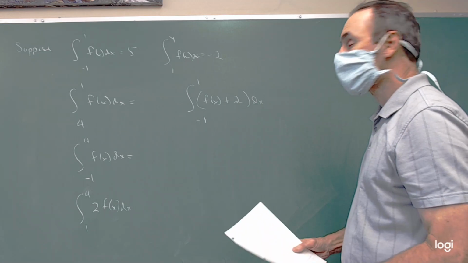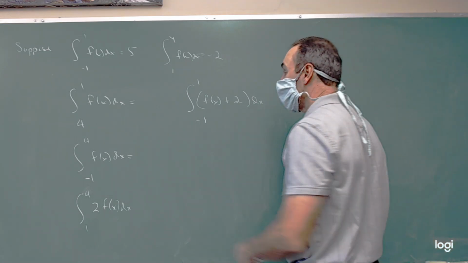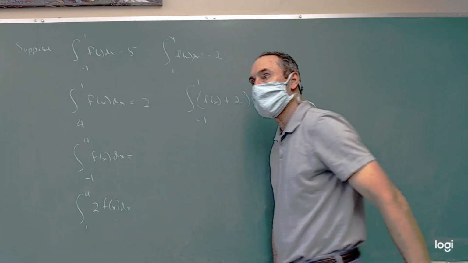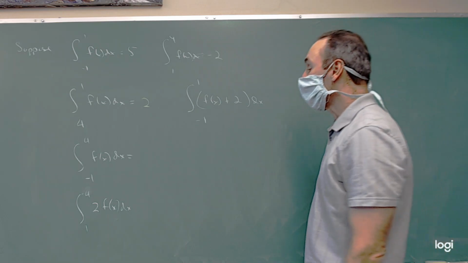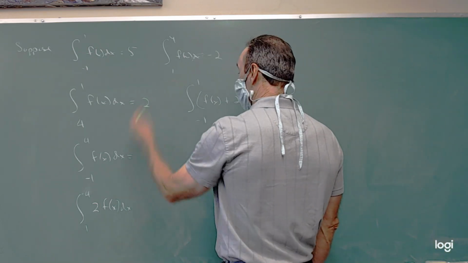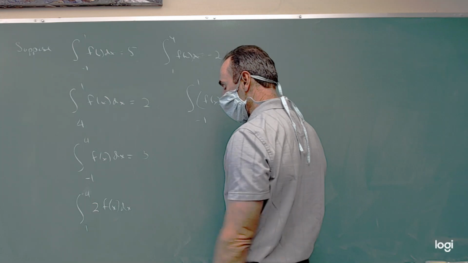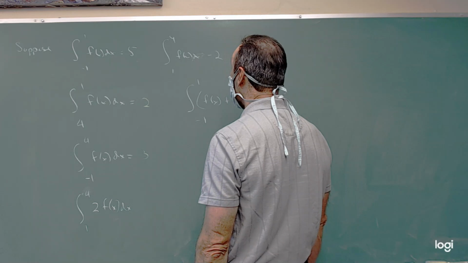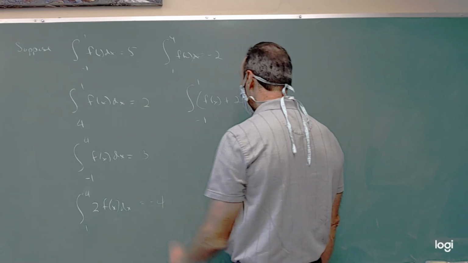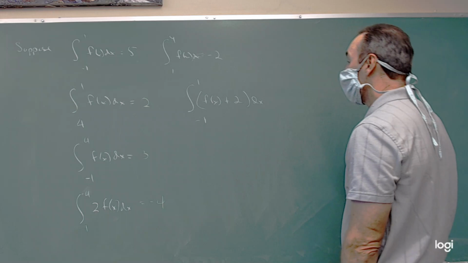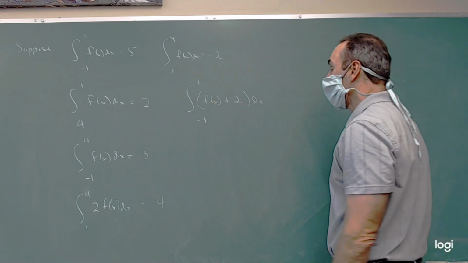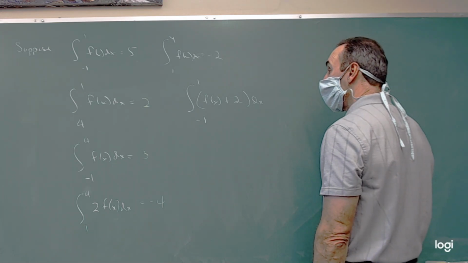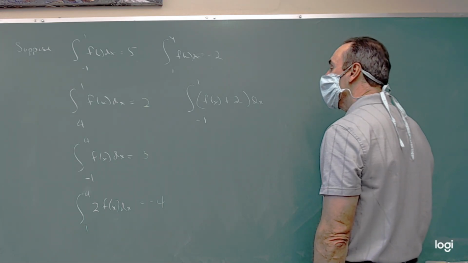So 4 to 1 you said was how much? That was 2. That was -2, so switching the limits changes the sign. Integral from -1 to 4 would be 3, because you just take the 5 plus -2. So 2 times the integral from 1 to 4 is -4. Integral from -1 to 1 of f of x plus 2 is going to be 9, right?